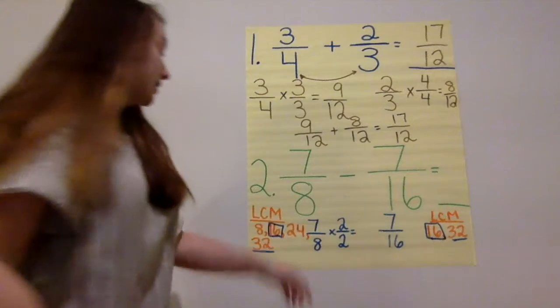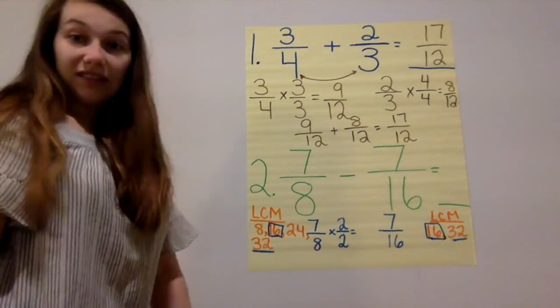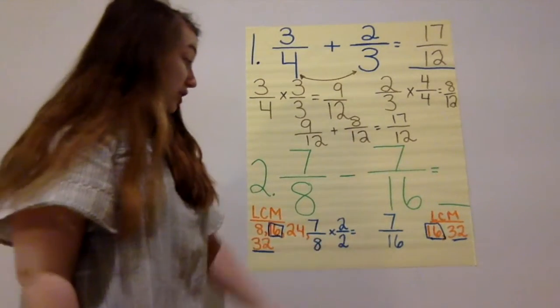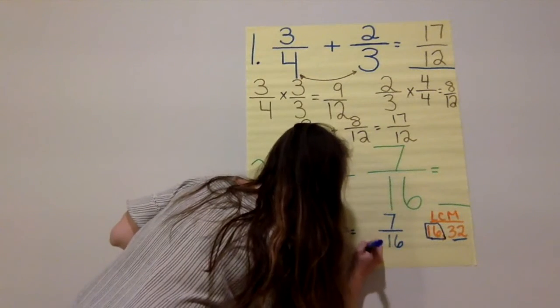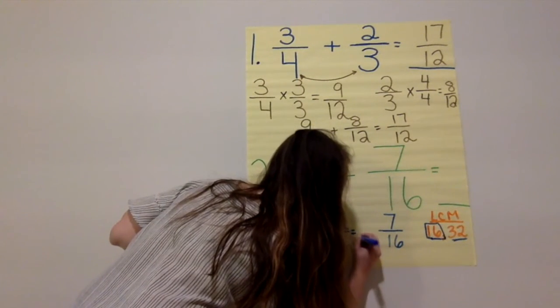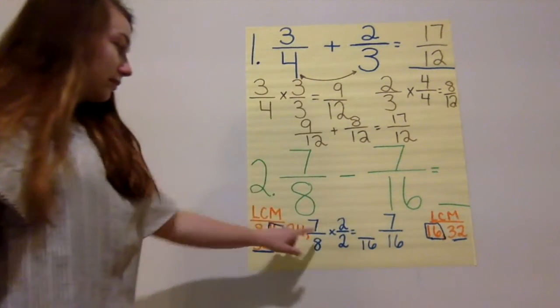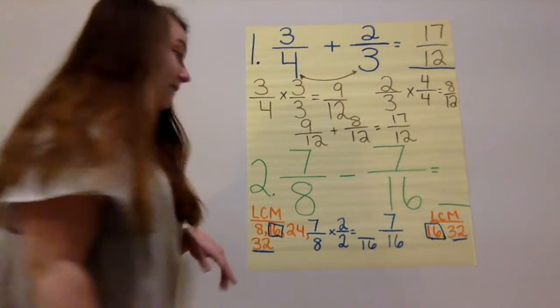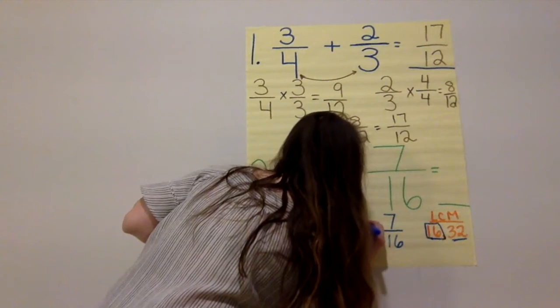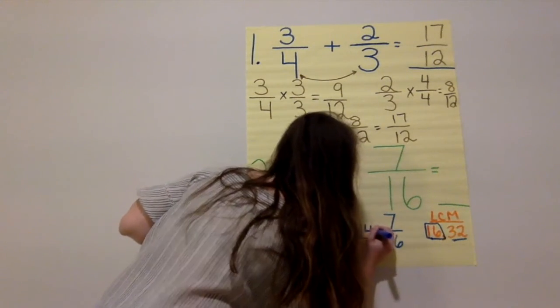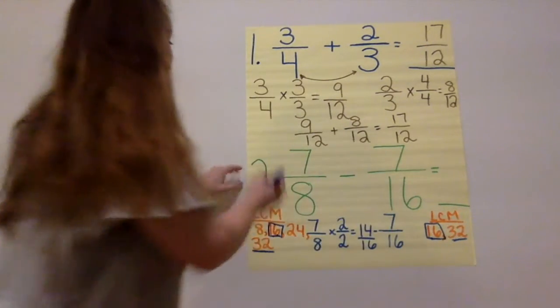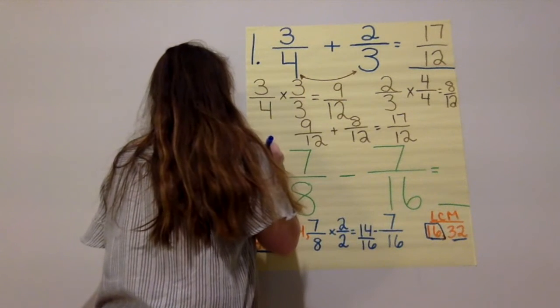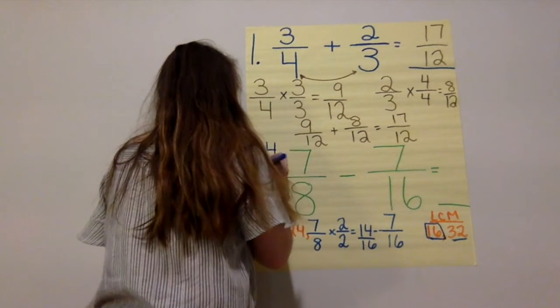And that gives us what? Well, let's do the math. 8 times 2 is 16. And then 7 times 2 is 14. Very good. So 7/8 is the same thing as 14/16.